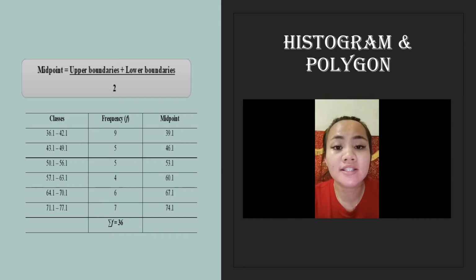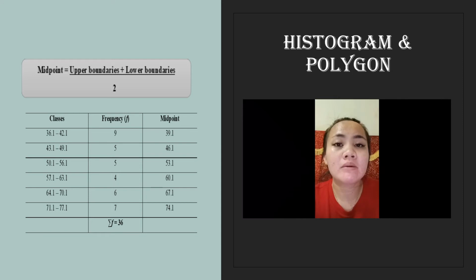Table 4 shows the data has been solved. The explanation for table 4 is class boundaries, the numbers that separate classes without forming gaps between them. Second, lower boundary is the lower limit, which means we need to minus 0.5. Next is upper boundary.